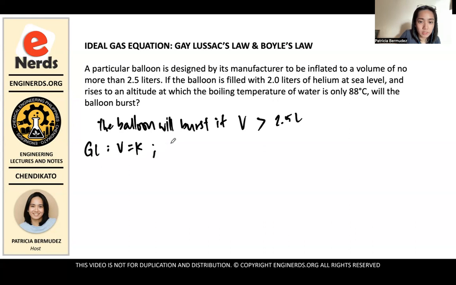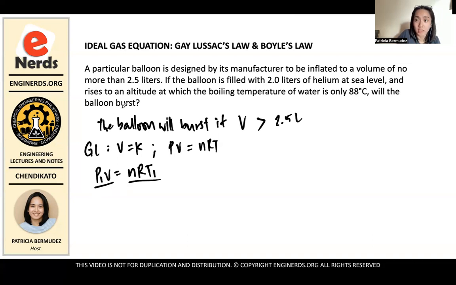So using the ideal gas law, PV equals nRT. If you take P1, and the volume is constant, and nR is also constant, and then you have T1, and divide that by the final condition.